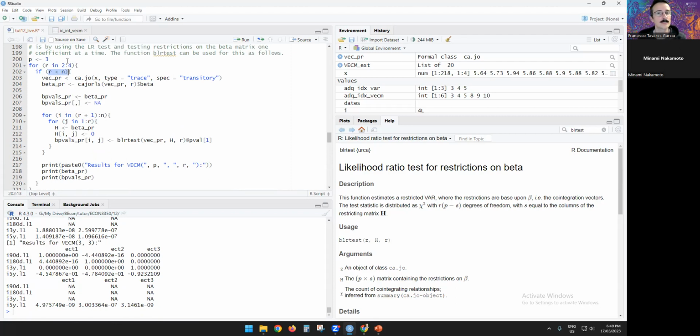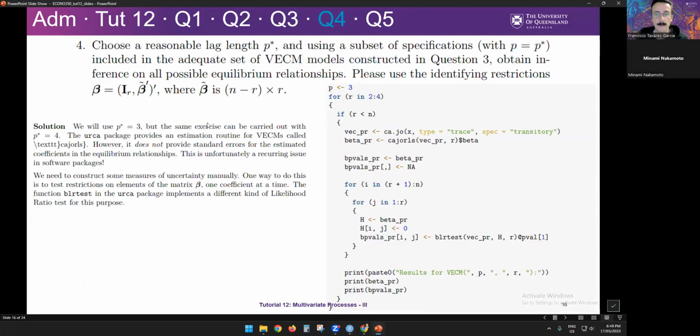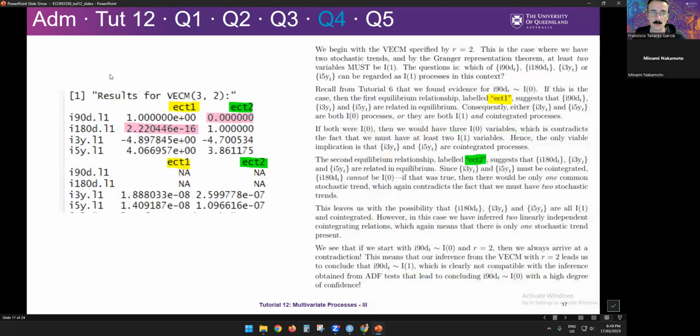There are no restrictions, so that's why we don't need that one. So this is what we did here. This was what we got as a result, and let's go interpreting this, because I think this falls into something that can be more challenging to get your head around.